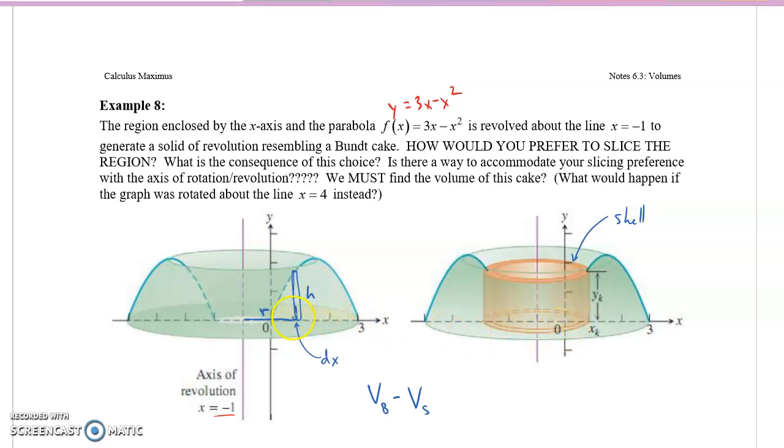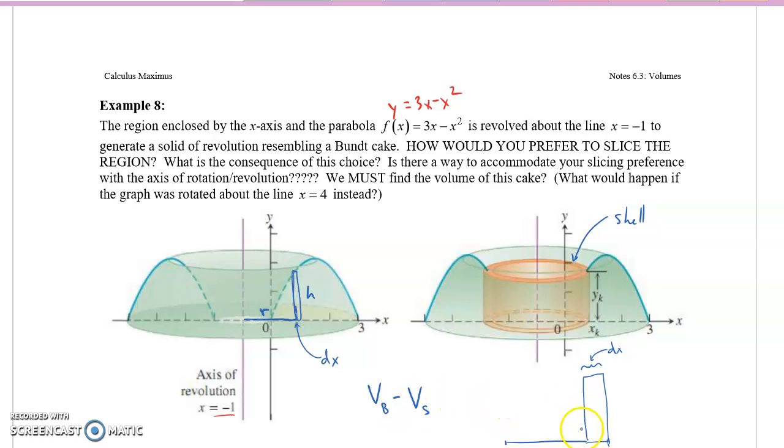Okay? Well, the dx that's happening here turns out it's easiest if we split that dx in half. So let's zoom in on this cross section. This is still dx right here. And we could use a radius of r and then another radius of r plus delta x and use our formulas for that.